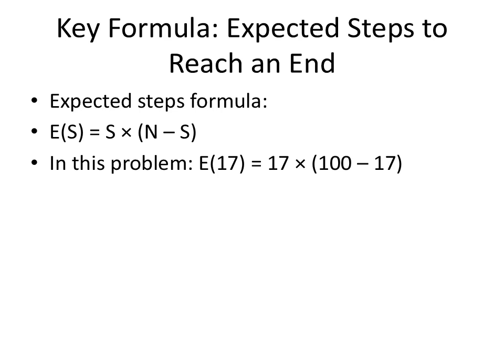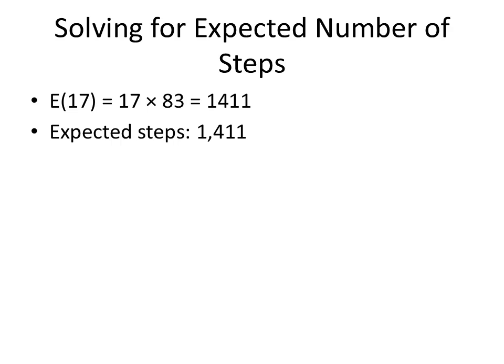So, the expected number of steps is 17 multiplied by 83. Let's complete the calculation. 17 times 83 is 1411. Therefore, on average, the man will take about 1411 steps before he either falls off the start of the bridge or makes it entirely to the other side.